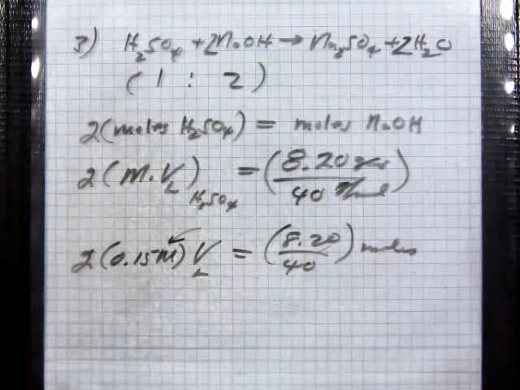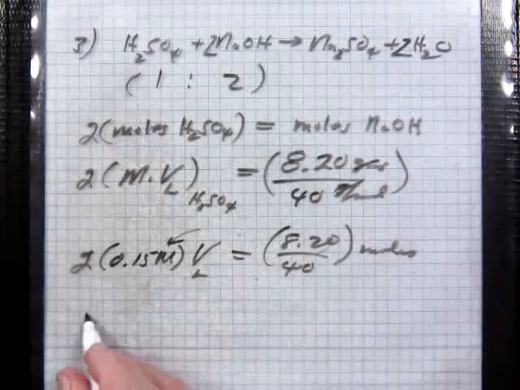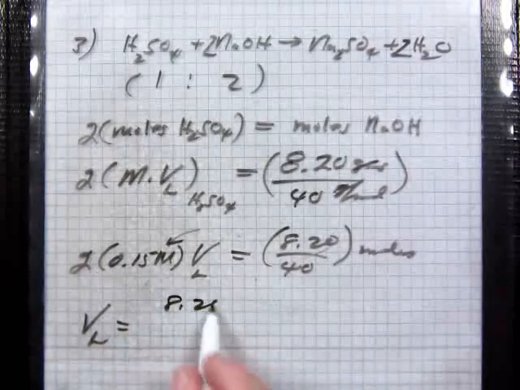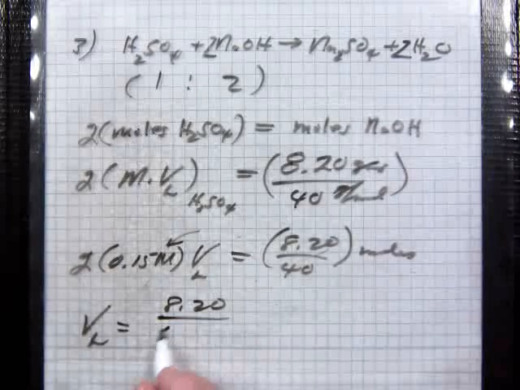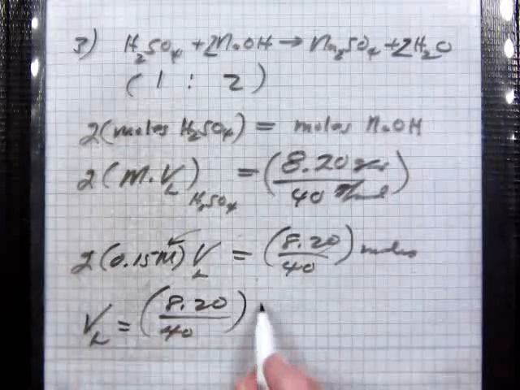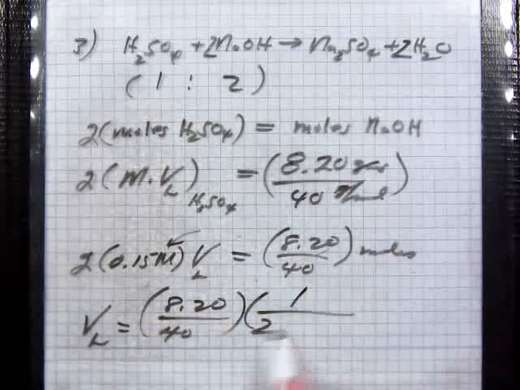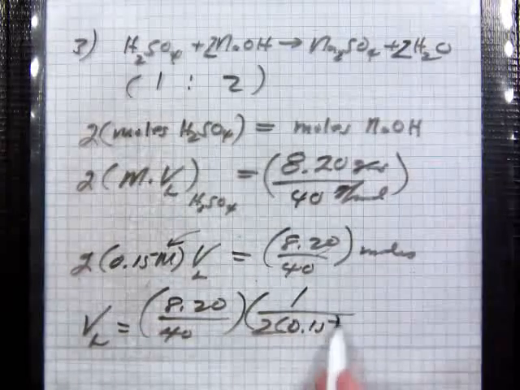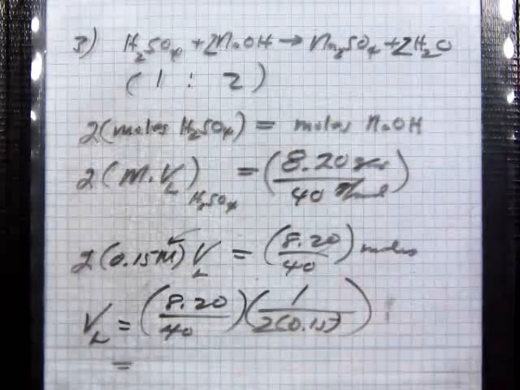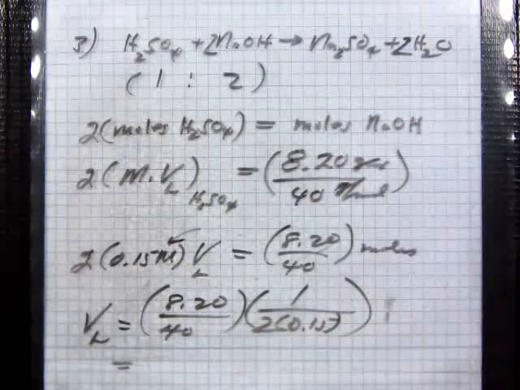So the volume in liters is 8.20 divided by 40, and then that's divided by 0.15.